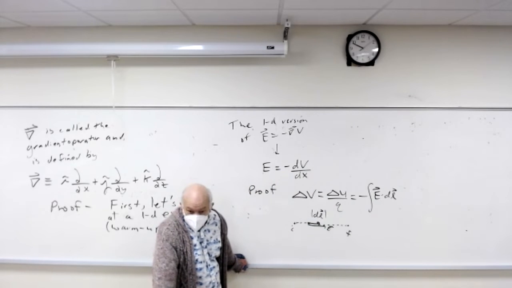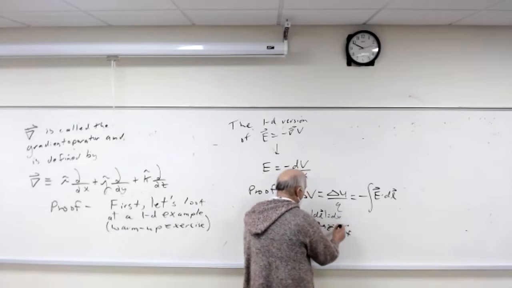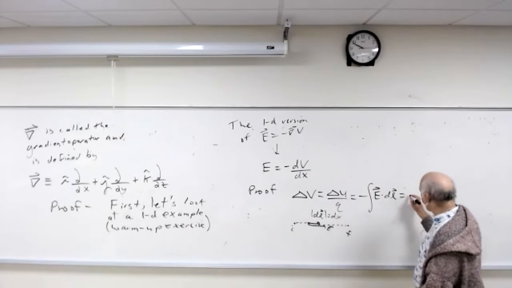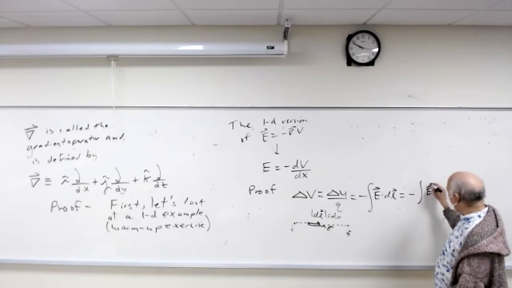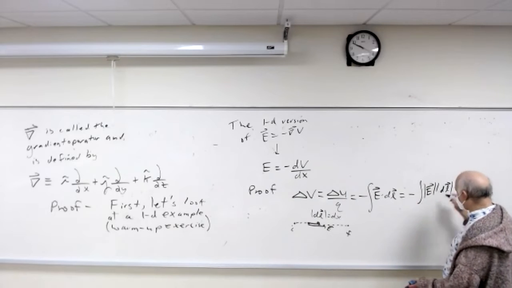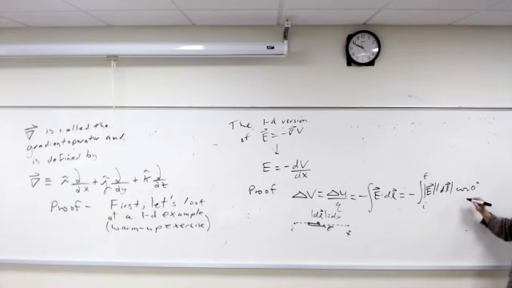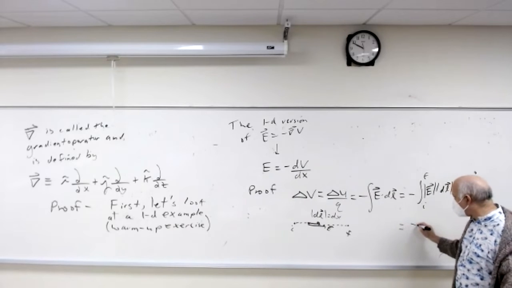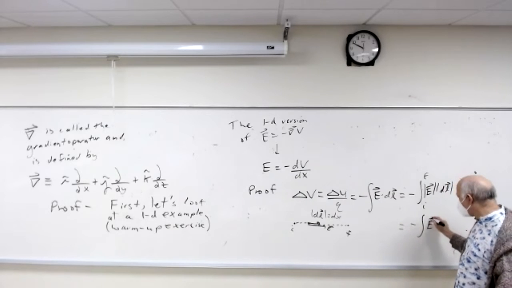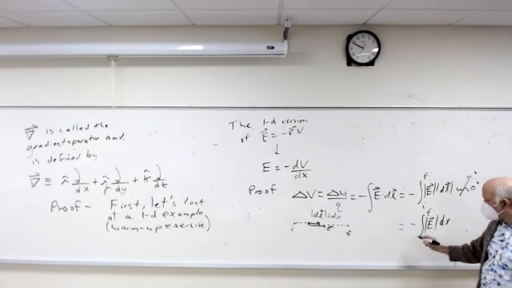So this gives you minus the integral of E dot dl, cosine of 0. Cosine of 0 is 1, and dl becomes dx. So this gives you minus the magnitude of E dx from some initial to final spot.